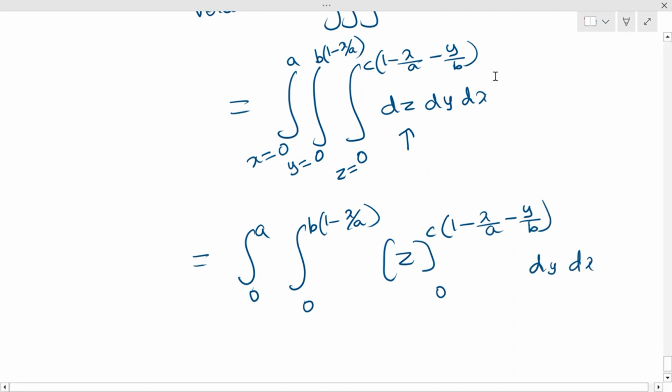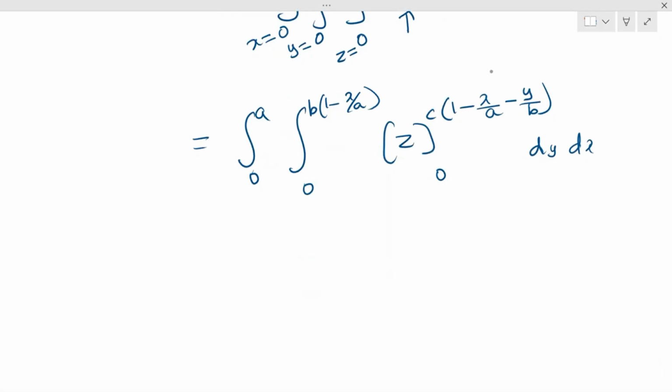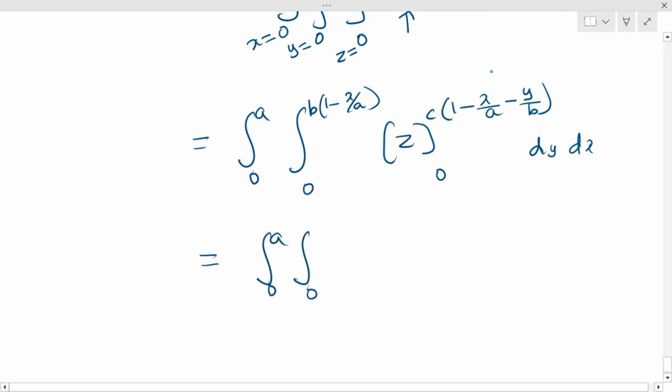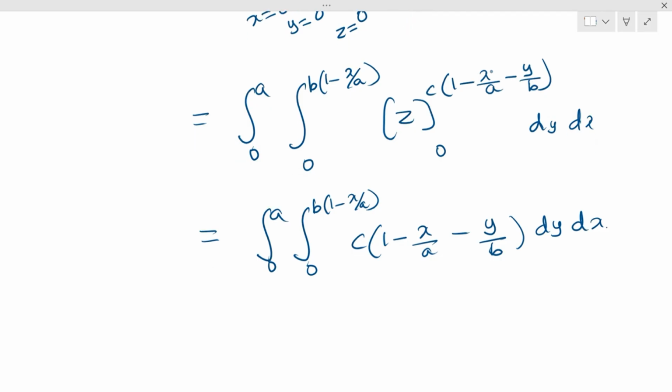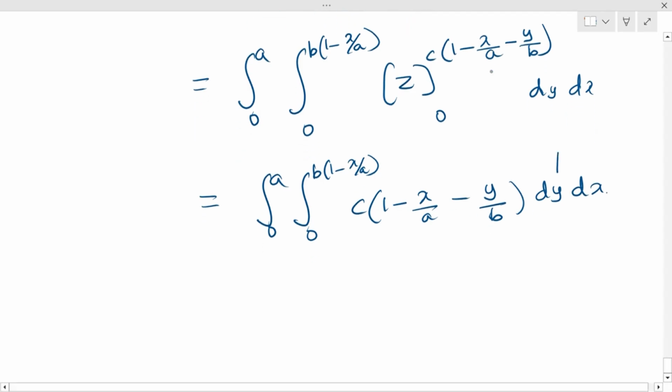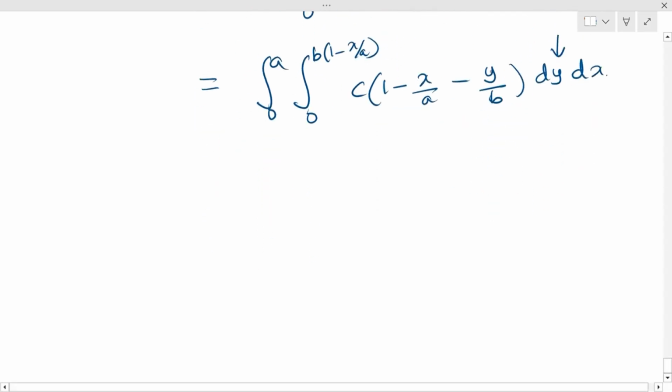Now apply the limit. So 0 to a, 0 to b into 1 minus x by a, c. Okay. So now we do the integration with respect to the middle variable, that is y.